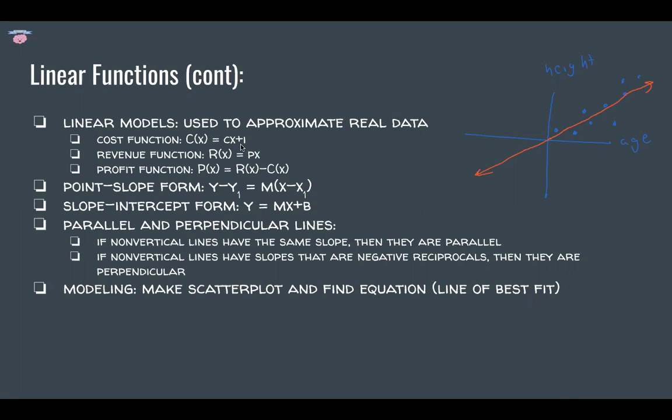This is really useful when you're talking about modeling, because usually you'll see line of best fit, but sometimes it'll be exponential functions, sometimes it'll be quadratic functions, etc. And notice that the line of best fit, in this case, I don't think it goes through any of the points perfectly. It doesn't have to go through any points, but it has to be the best line that fits the data, aka the line of best fit.